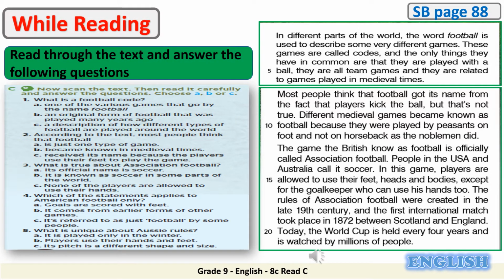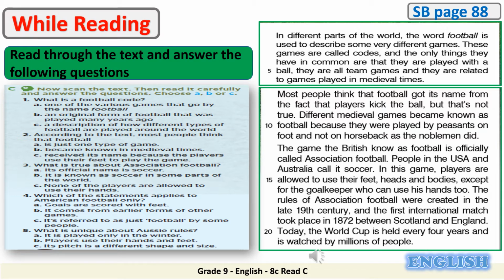Read through the text and answer the following questions. 8C. 1. Read. Football codes. In different parts of the world, the word football is used to describe some very different games. These games are called codes, and the only things they have in common are that they are played with a ball.